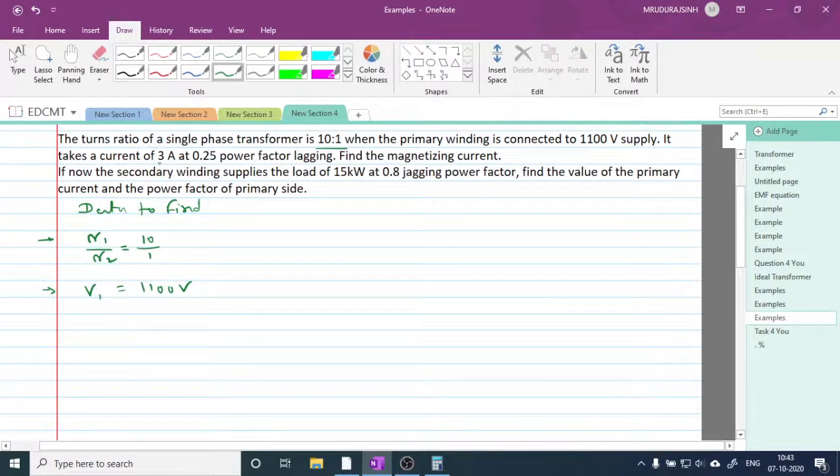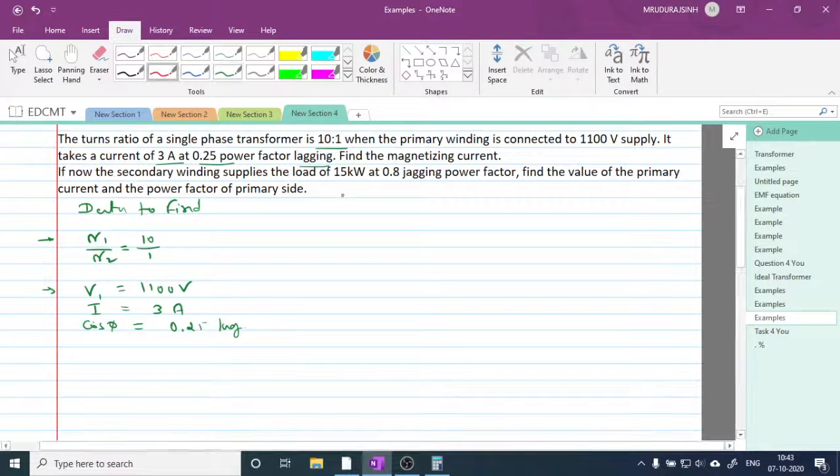It takes a current of 3 ampere at 0.25 power factor lagging. So I is equal to 3 ampere and cos phi is equal to 0.25 lagging. Find the magnetizing current.